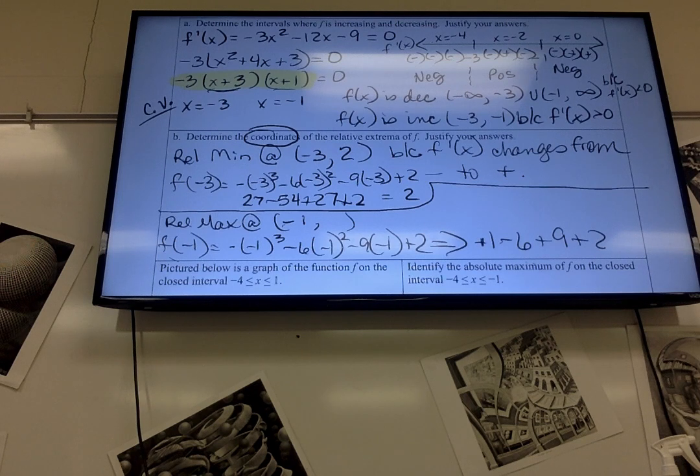Oh no, it's positive 1. So it's negative 5 plus 9 is 14. No, plus 9 is 4, plus 2 is 6. There we go. Good? Okay. And again, we have to put the because f prime of x changes this time from positive to negative.